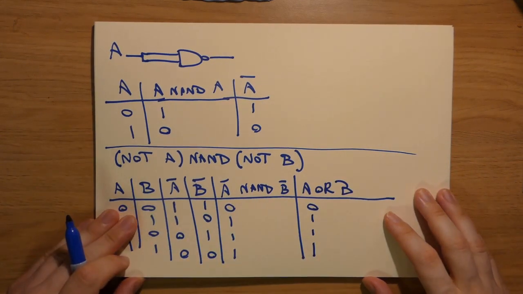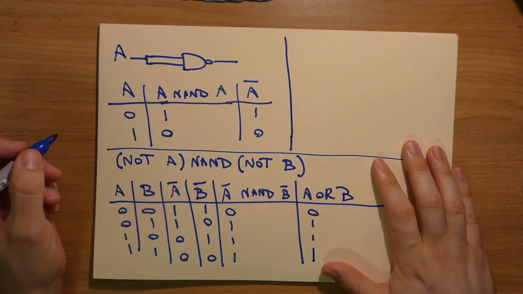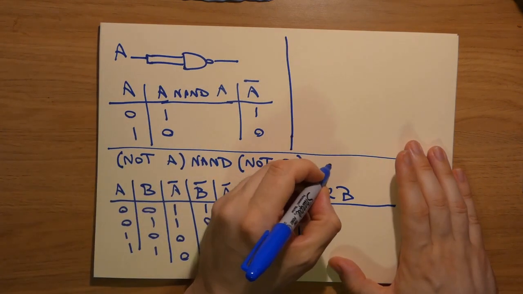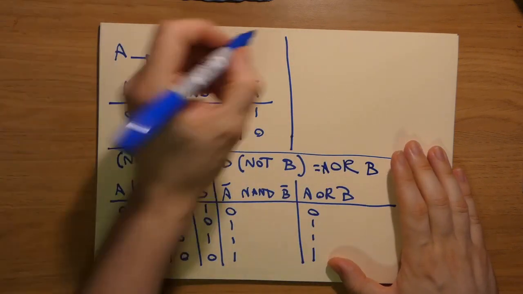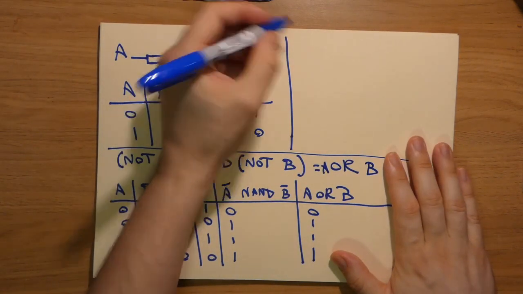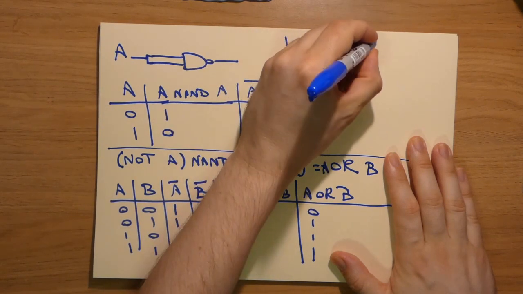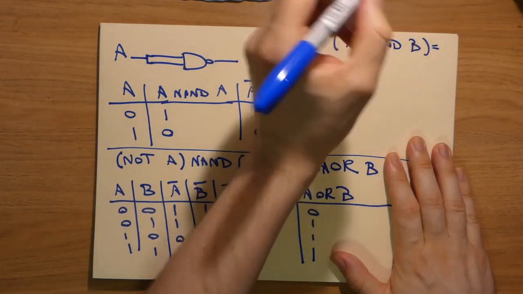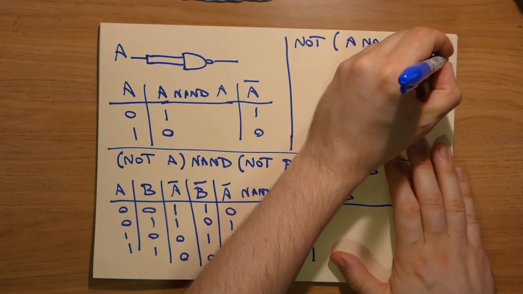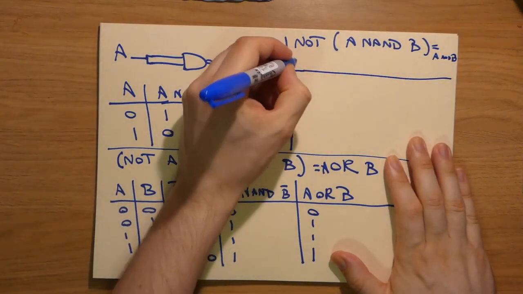So shall we do the AND gate as well? I might be able to fit this here. So this is equivalent to the OR. For the AND gate, right, so let's try this out.